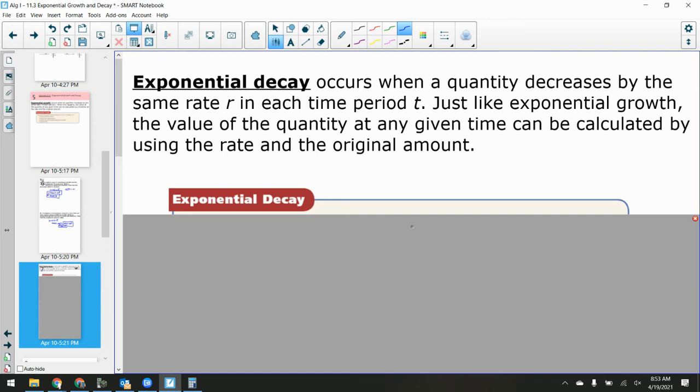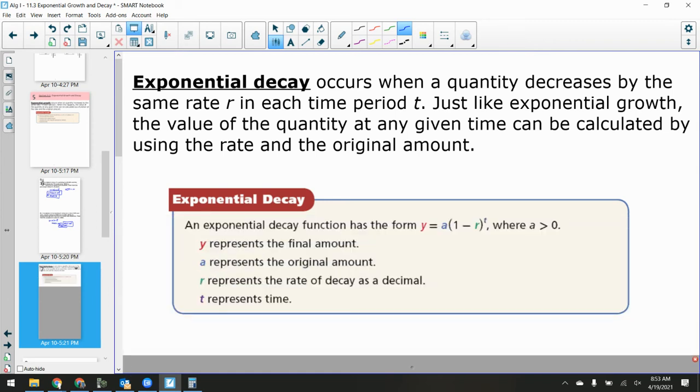So exponential decay is essentially the exact same formula, but instead of a plus, it's a minus. All of the parts remain the same, but the only thing that's different is the operation in the parentheses.